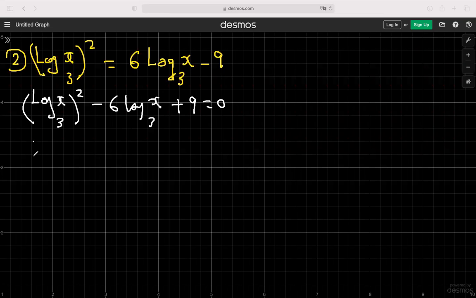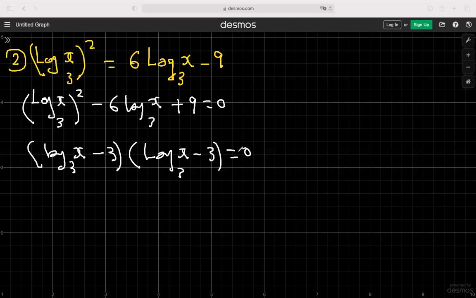You could factor this into log base 3 of x minus 3. Two numbers multiply to give you 9, and add to give you -6. And then log base 3 of x minus 3. Perfect square trinomial. And therefore, from here, you'll see that log base 3 of x minus 3 has to equal 0.